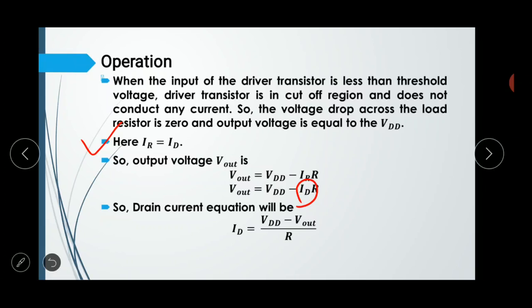At this time the NMOS is in cut-off state, so there is no current flow through the NMOS, so ID equals 0. And from this equation we can easily derive the ID equation of this circuit, that is ID equals VDD minus Vout by R.